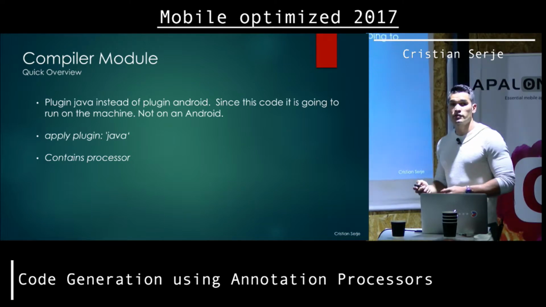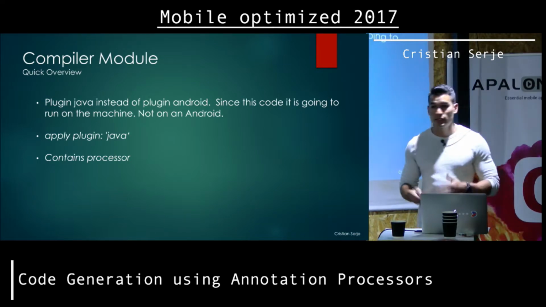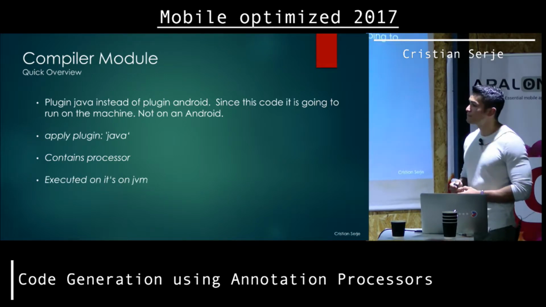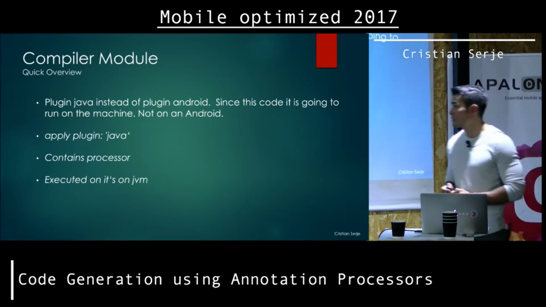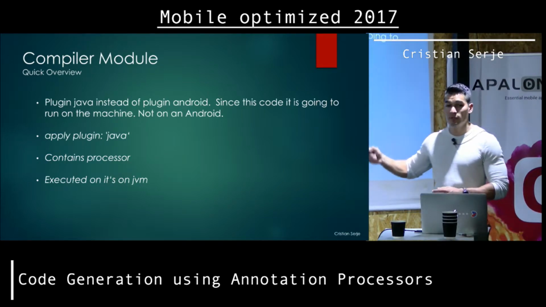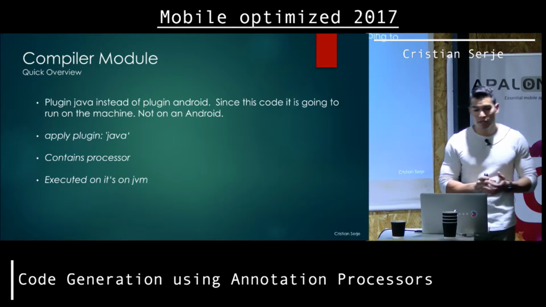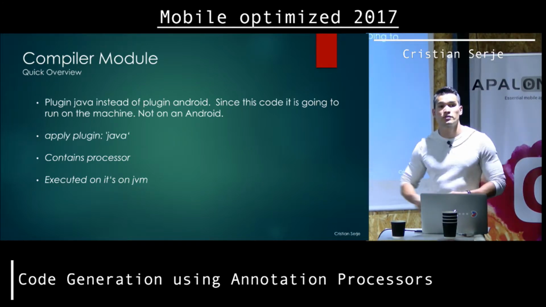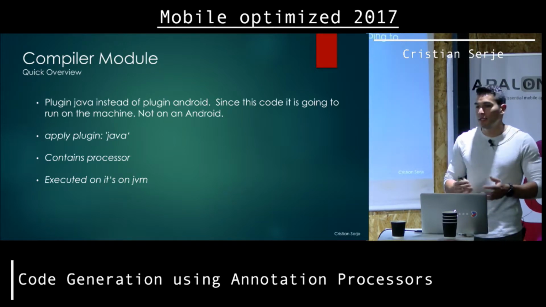It contains the processor, so it contains the class that is actually going to build your final class, and it executes on its own Java virtual machine. That is actually quite important because javac executes its own Java virtual machine for the processor, and then you can add everything you want there.